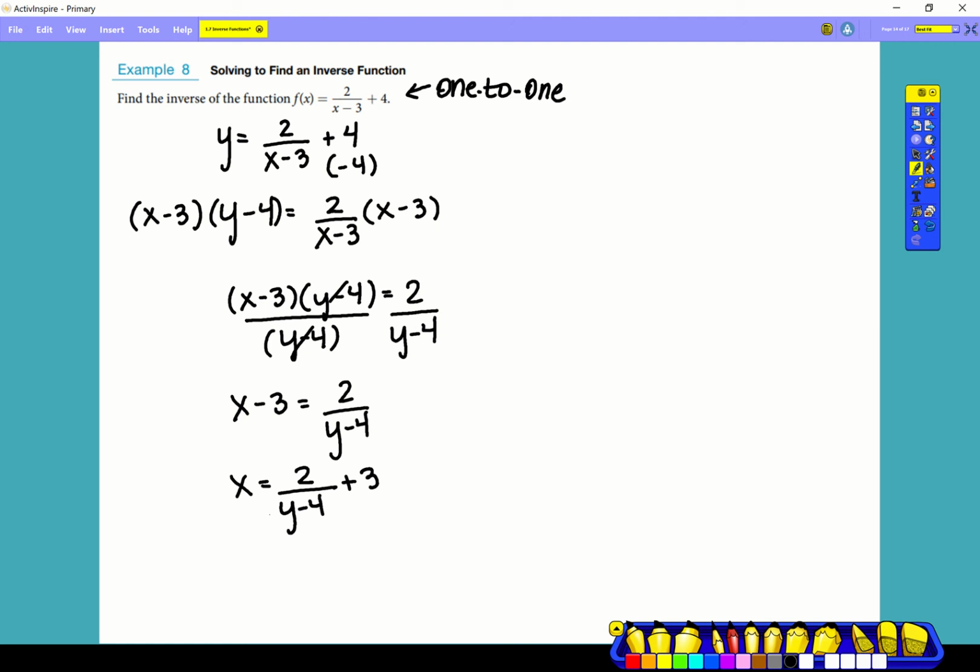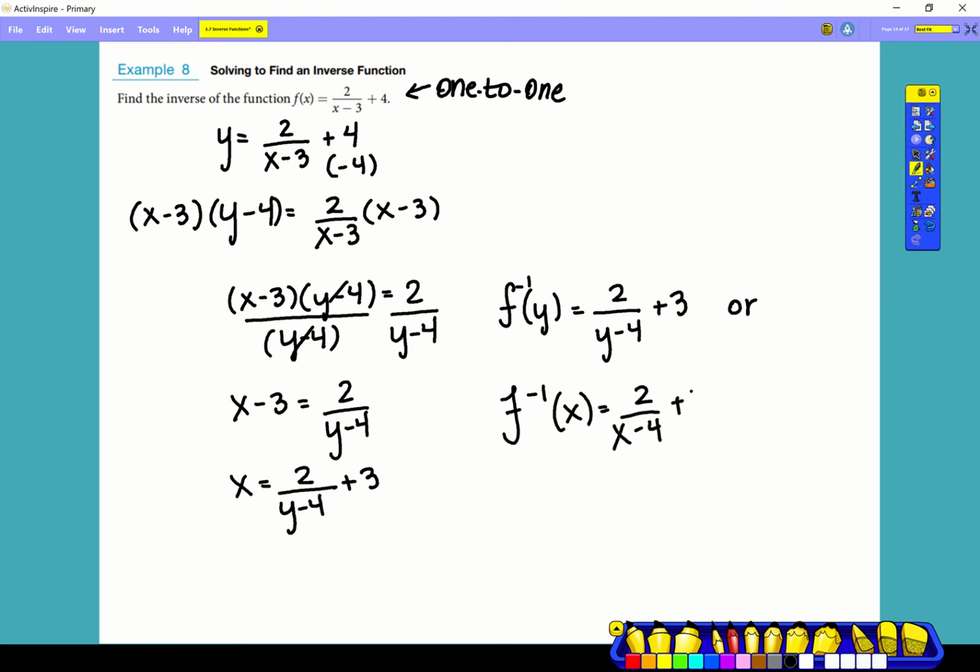There are two ways we can do this. You can say f inverse of y equals 2 over y minus 4 plus 3. Or you can say f inverse of x equals 2 over x minus 4 plus 3.